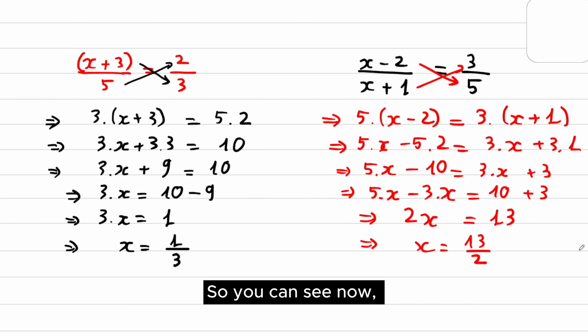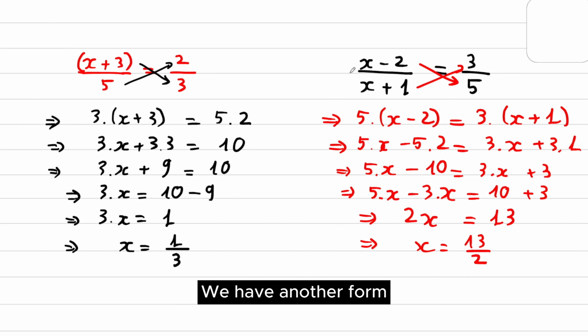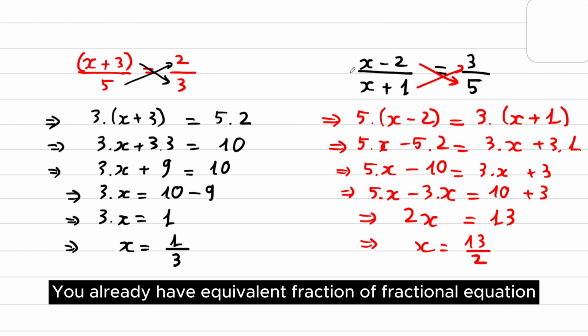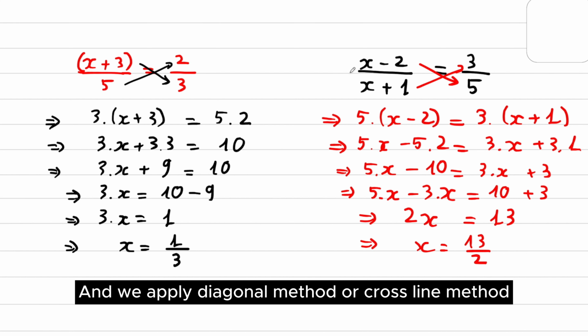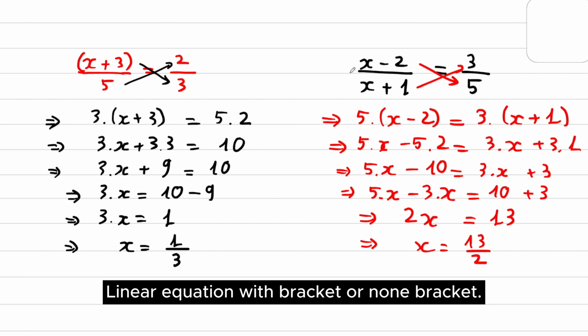You can see now, maybe for the first two examples here, we have another form. But basically, the fundamental knowledge about this one is that you already have an equivalent fraction or fractional equation, and we apply the diagonal method or crossline method, and then that fraction form becomes a normal linear equation with bracket or non-bracket.